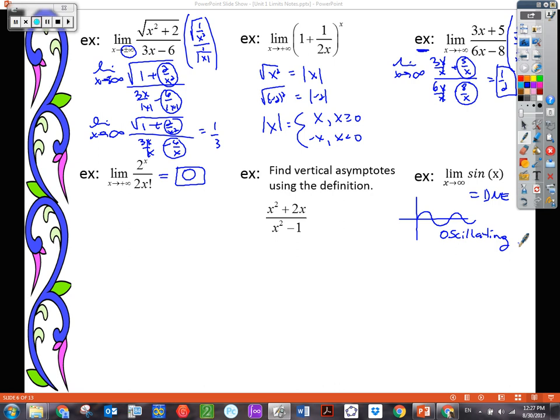So we have to use our pre-cal algebra 2 knowledge to figure out what numeric value would cause the denominator to be 0. Because that's when we get vertical asymptotes, right? It's when the denominator is 0. And that would be a plus or minus 1. Right? So A is plus or minus 1. That's what A is. So now I have two numbers to prove that they're vertical asymptotes.